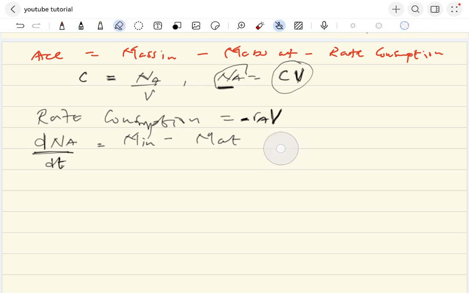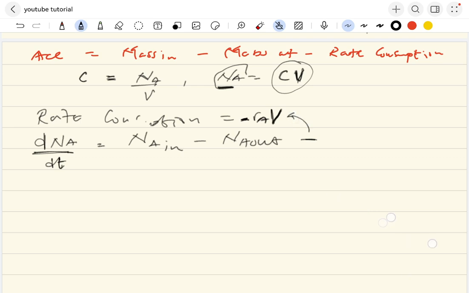But we are dealing with moles, so we will rather say mole in minus mole out, minus the consumption, which is this one, the rate of reaction multiplied by volume.